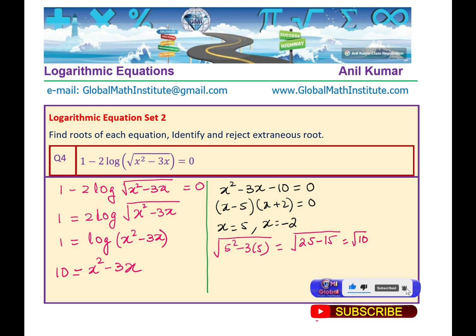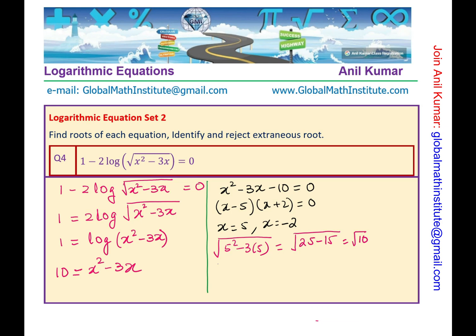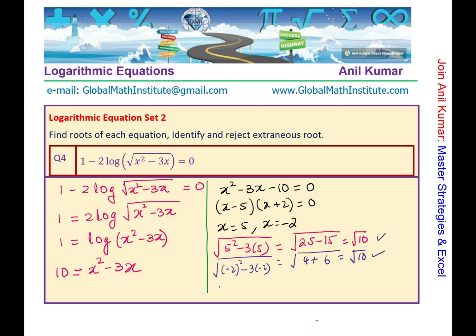So that works. And if I do minus 2, then I get what? Minus 2 squared minus 3 times minus 2, which is 4 plus 6, which is also the square root of 10, and that also works. So in this case, both are correct solutions. So we have our solution here, which is x equals 5 and x equals minus 2.